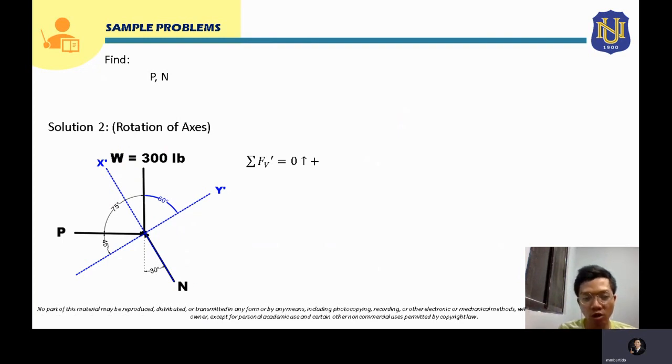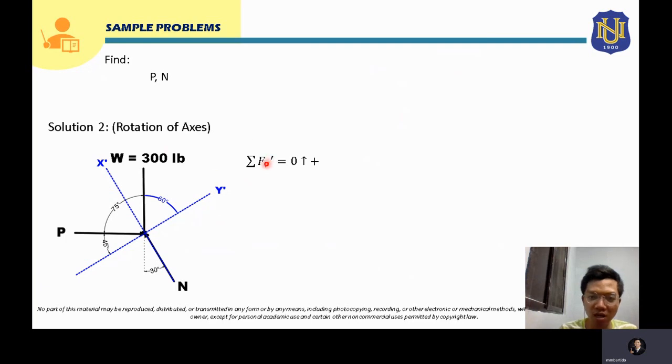So positive for upward forces. If the new x-axis is here and the new y-axis is here, your 300-pound force is directed downward to the right, while your P is directed upward to the right, and your N is directed to the left.